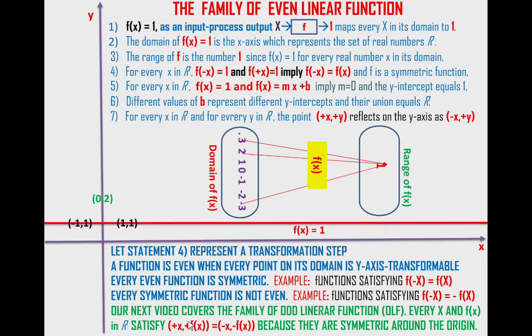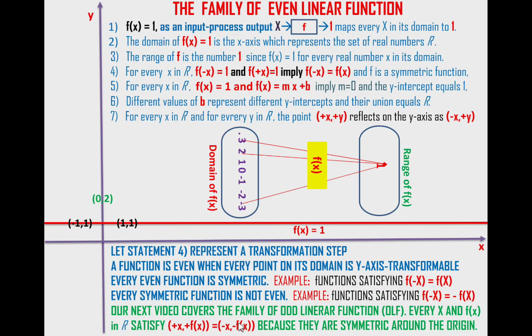If the set of functions satisfies this condition, then these functions are symmetric, but they're not even. But we cannot say they are symmetric around the y-axis. If we said they're symmetric around the y-axis, they must be even, because that's the condition for a function to be even. It must be symmetric around the y-axis. So these functions need not be symmetric around the y-axis.